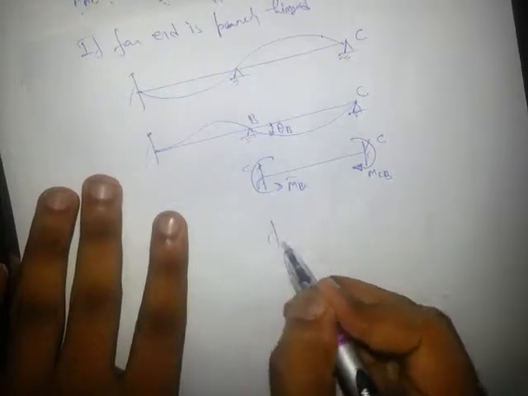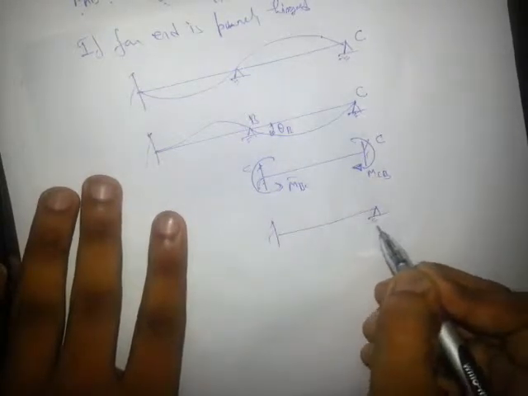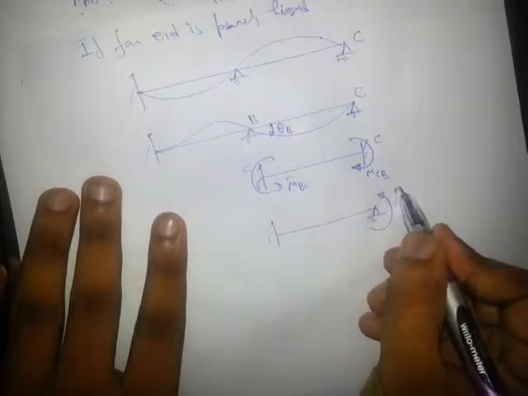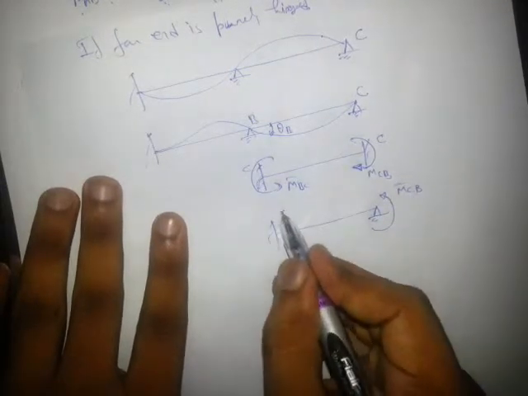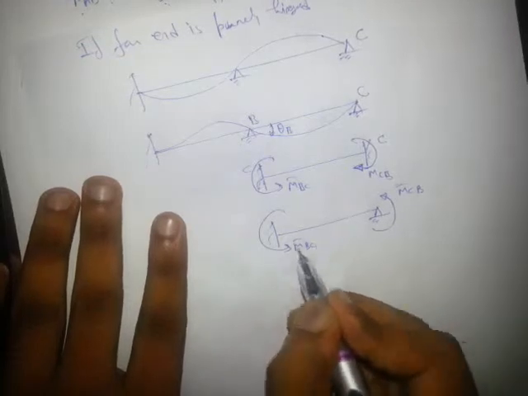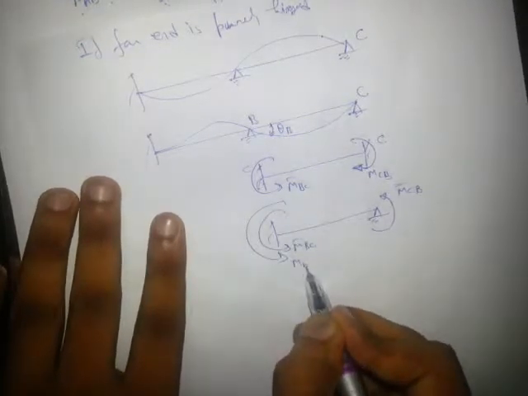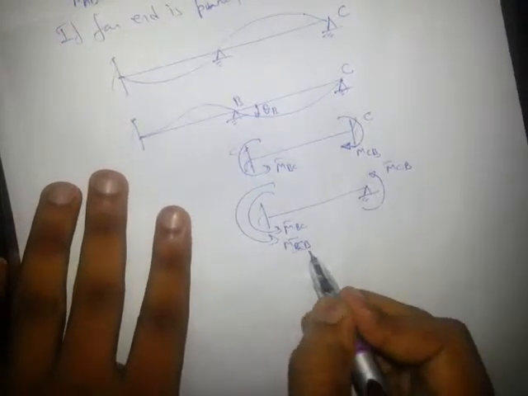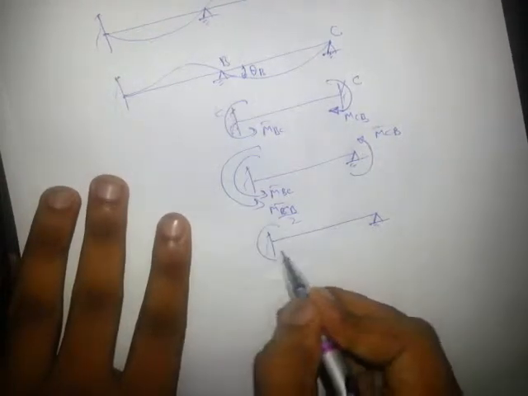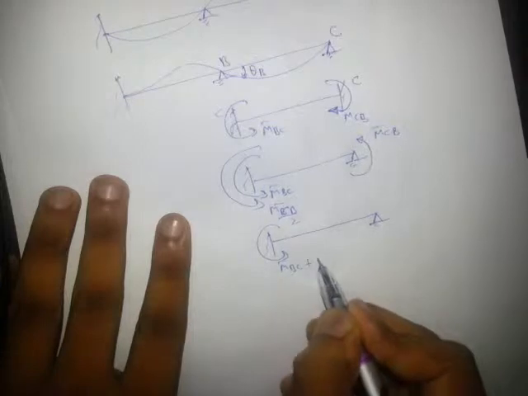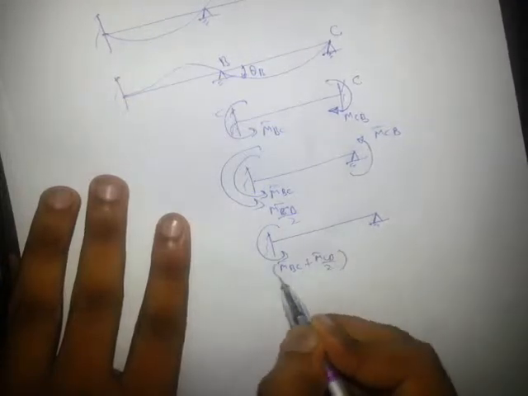What you will do, you will make it hinge and apply half of M bar CB. So net will be M bar BC plus M bar CB divided by 2.